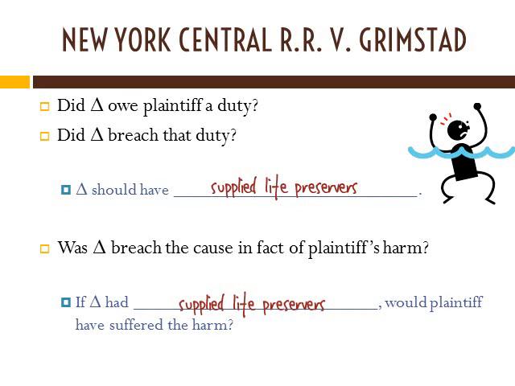So when he fell in the water, and she went to look for something to throw to him, even if there would have been life preservers, and they would have been readily accessible, he probably would have drowned anyway, because he didn't know how to swim, and apparently that's the way things were set up in the dock at that time, that there just wasn't any other way to save him.